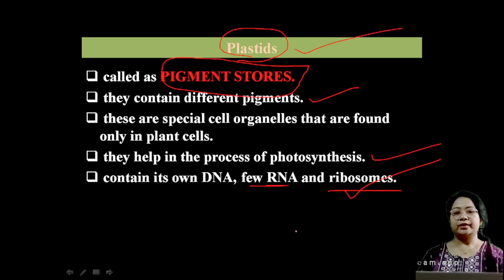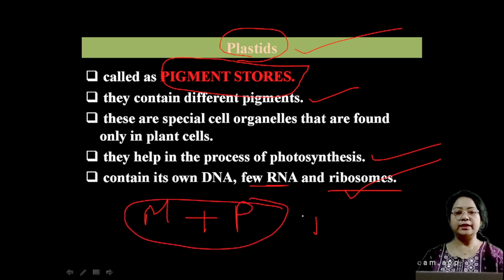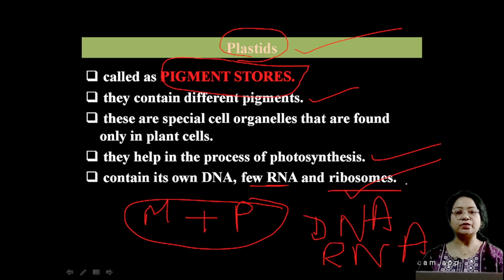Then you have to remember this point, that the mitochondria and the plastids, both of these contain their own DNA, their own RNA and also ribosomes. Okay, so be very clear on this point and also remember it for your exam.